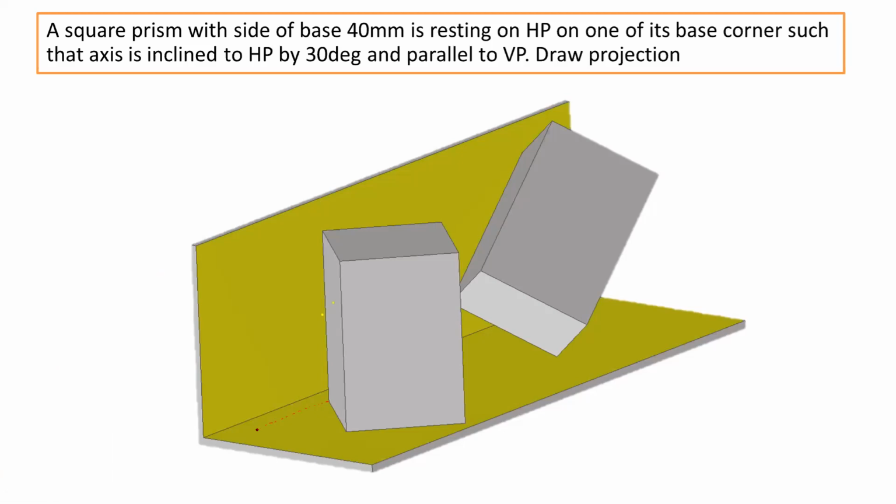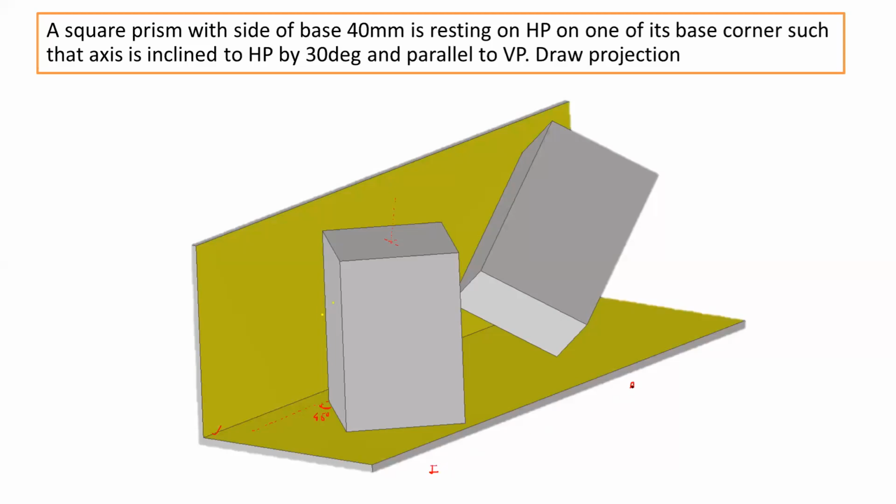This is parallel to this XY line. The inclination of the base edge is 45 degree, and this axis is perpendicular to the horizontal plane. So this is the first stage.